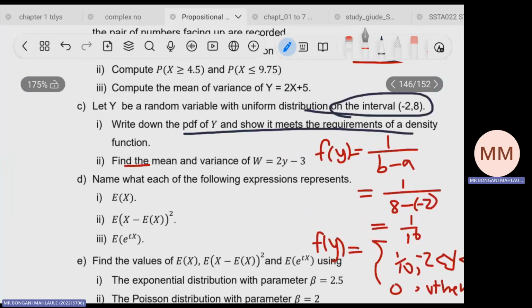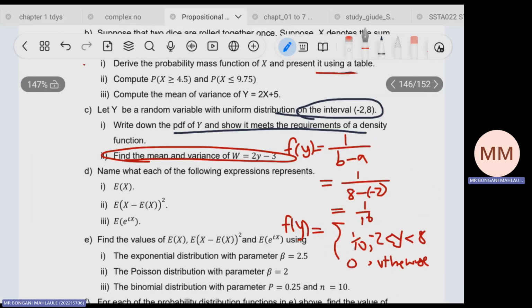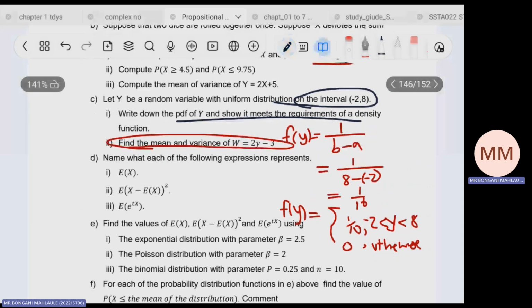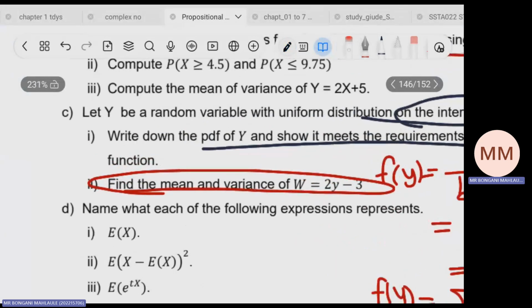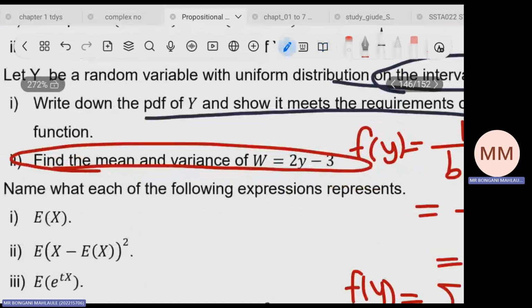Then they say find the mean and the variance of W. So obviously we're having W equal to 2Y minus 3.